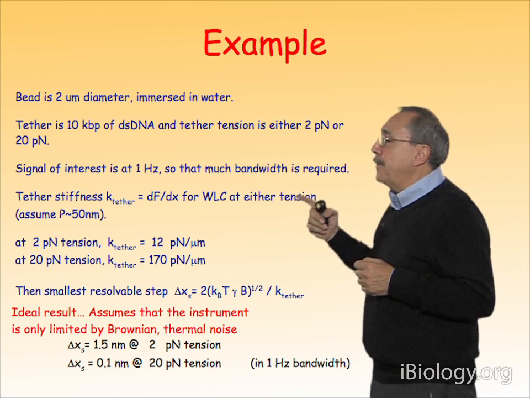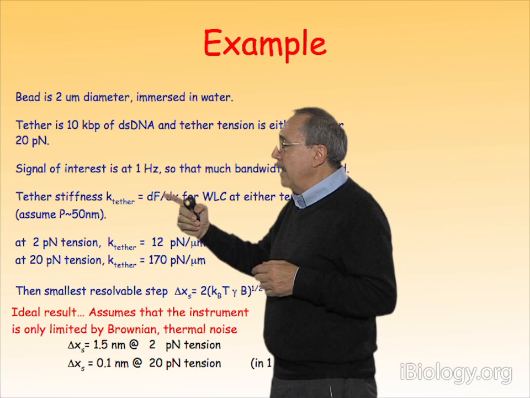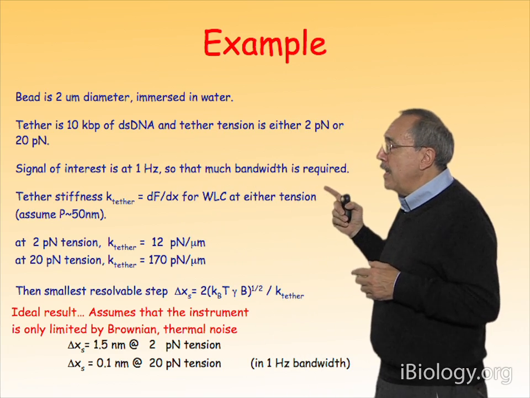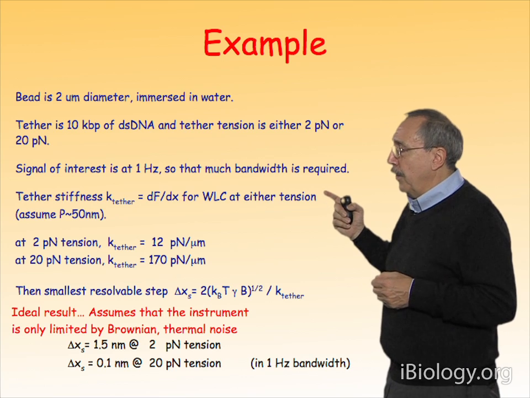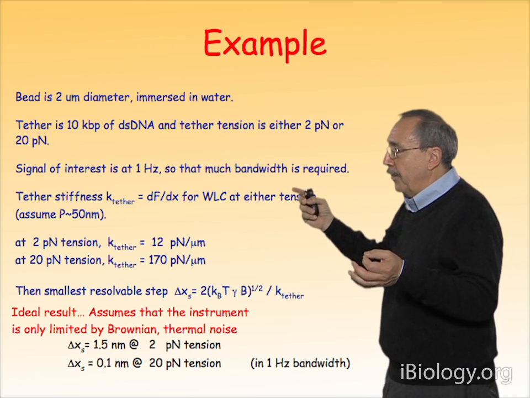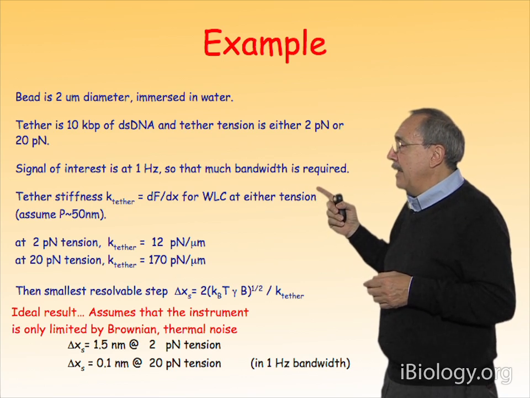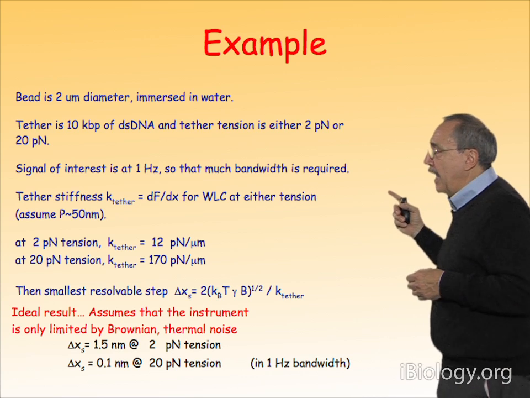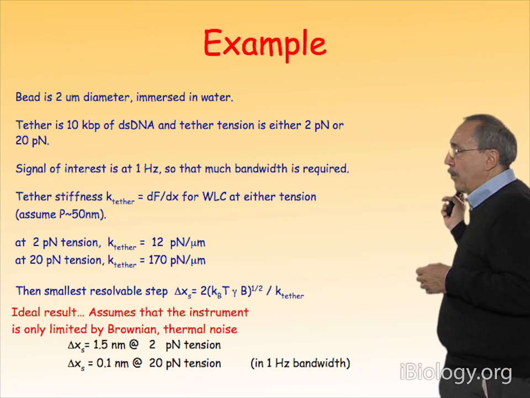The tether stiffness of the DNA can be calculated from the so-called worm-like chain theory of polymer elasticity, of DNA elasticity, and you can assume that your DNA has a persistence length of about 50 nanometers.